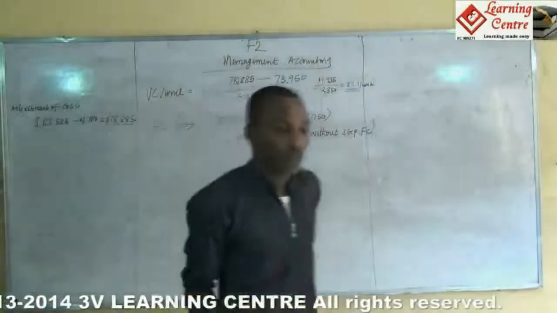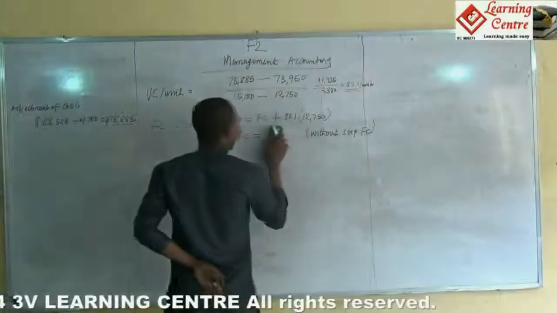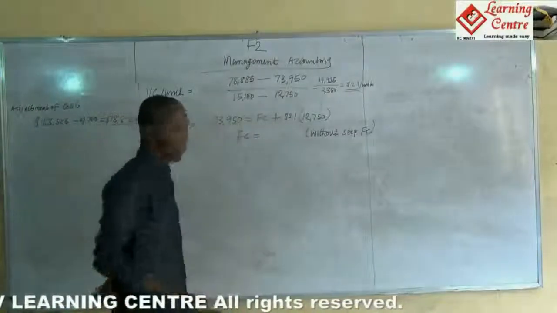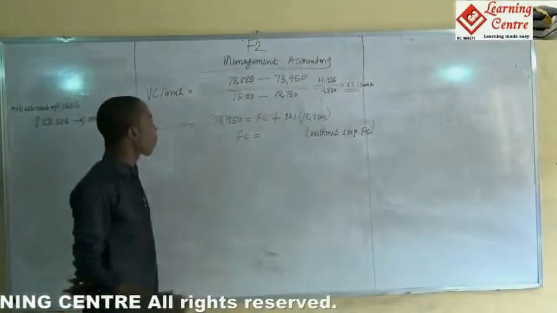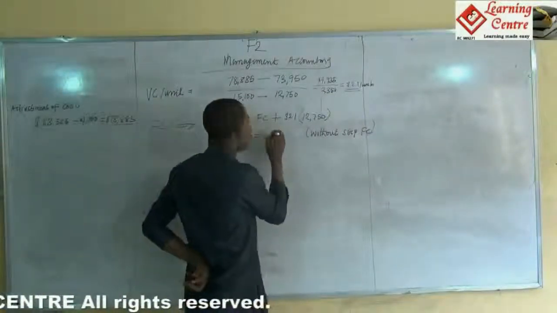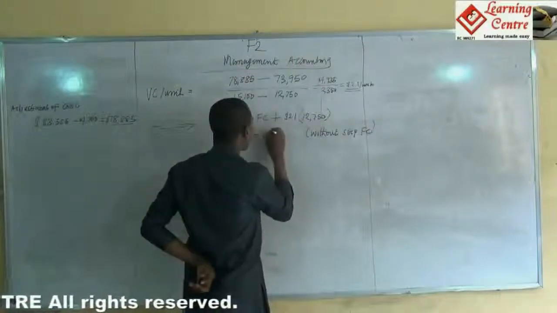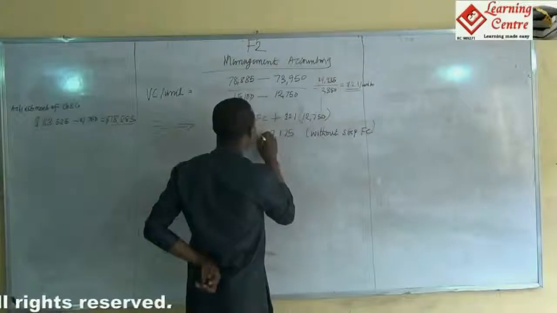I thought you had given me the fixed cost. Do the fixed cost and give me the answer. 47,175. Thank you for that.